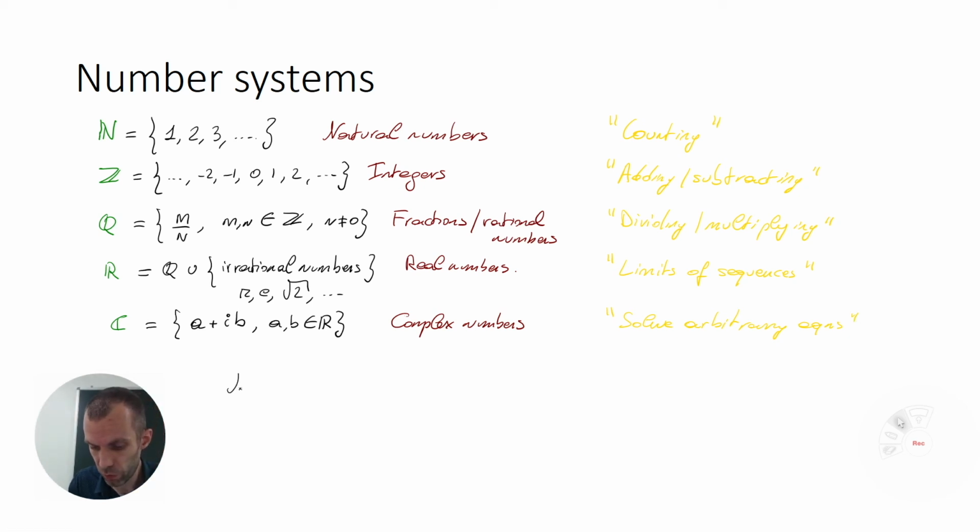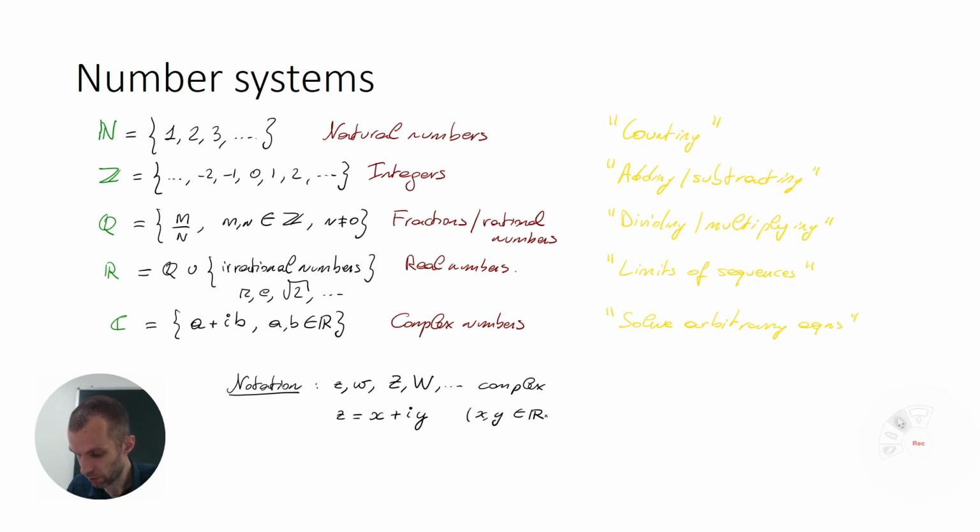So a little bit of notation before we move on. We will often use z, w, and so on for arbitrary complex numbers. And if we have a complex number z, we can always write it as a real number plus i times another real number, z = x + iy. So here, x and y are real.